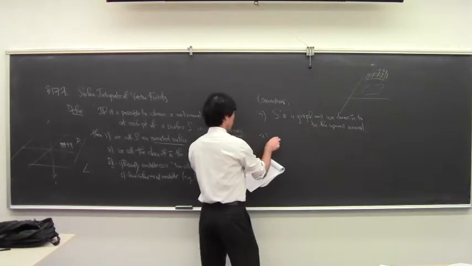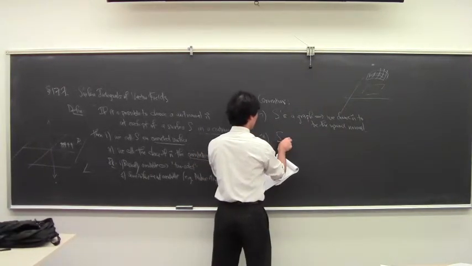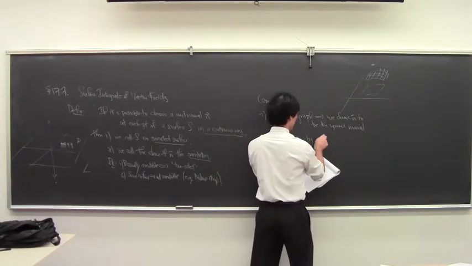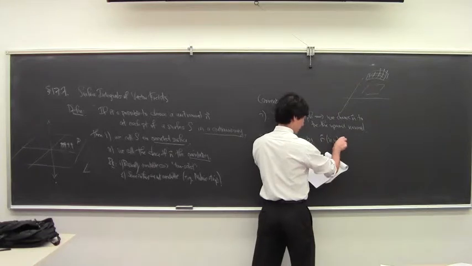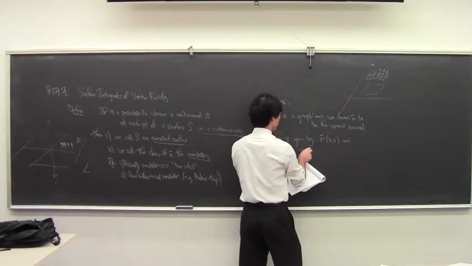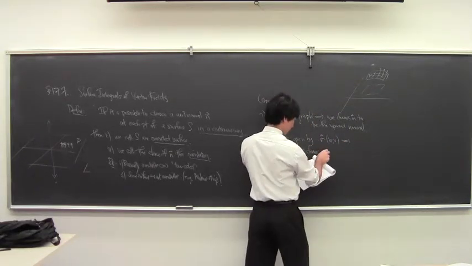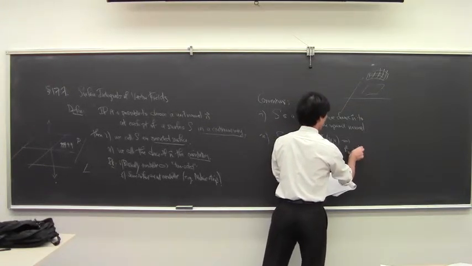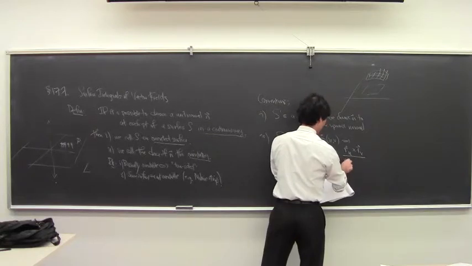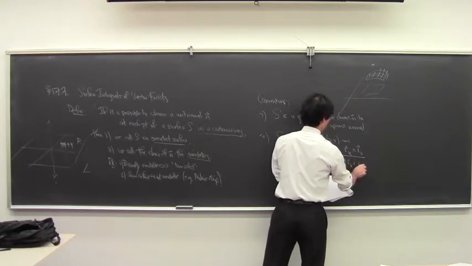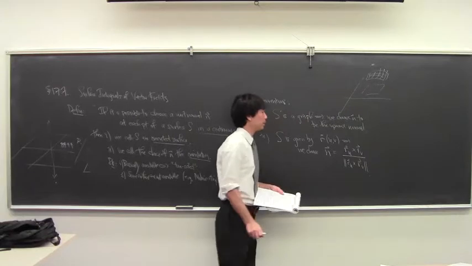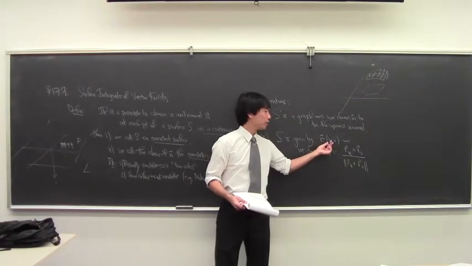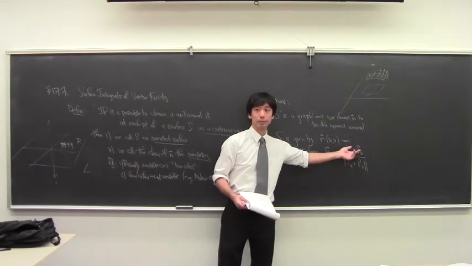Second, if S is given as a parametrized surface, then we're always going to choose n to be r_u cross r_v over the magnitude of that. So we're always going to take the cross product of the derivative with respect to the first variable against the derivative with respect to the second variable.